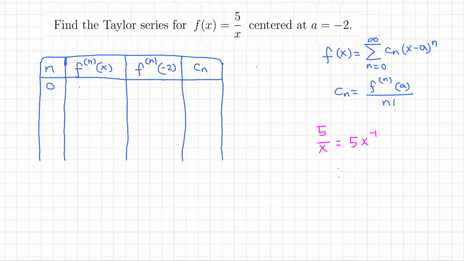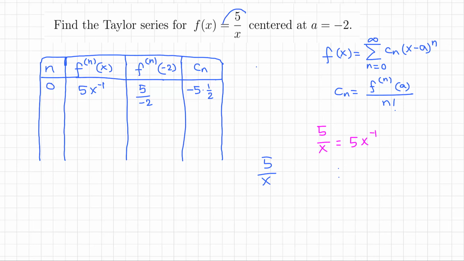We evaluate it by plugging in -2: 5 over -2. This is C0 because n = 0, and we divide by 0 factorial, which is 1. So C0 is 5 over -2, which I want to write as -5 times 1/2.